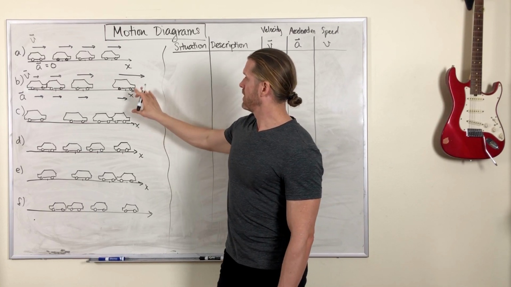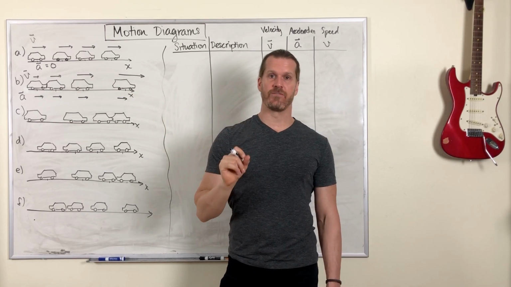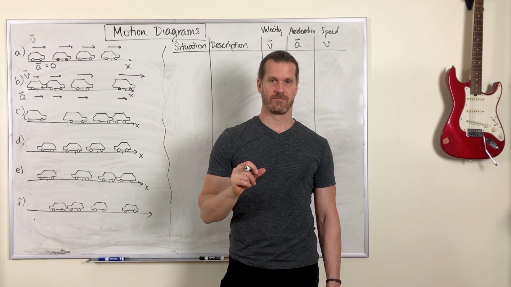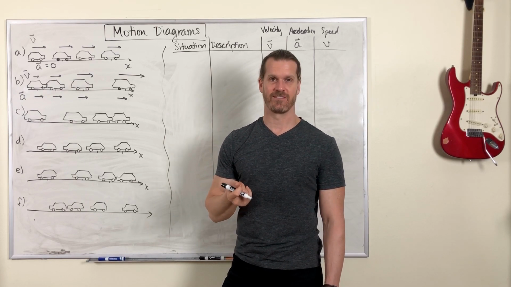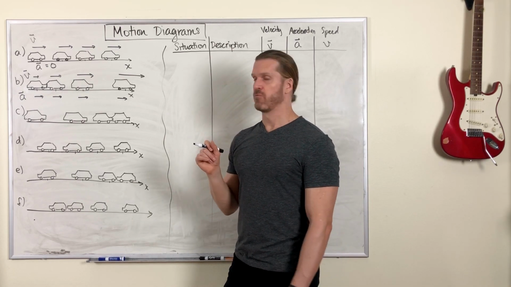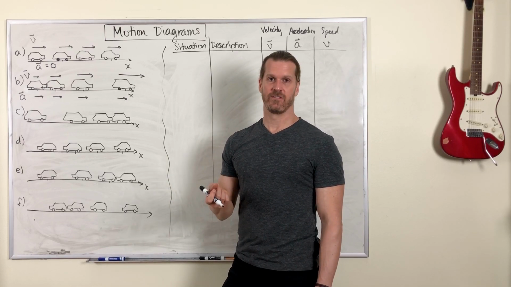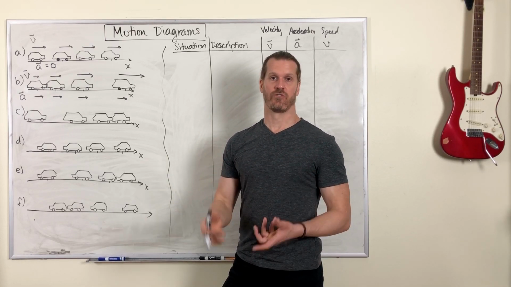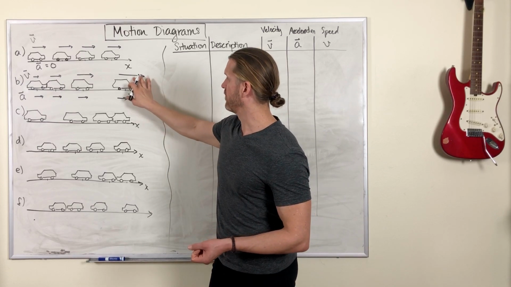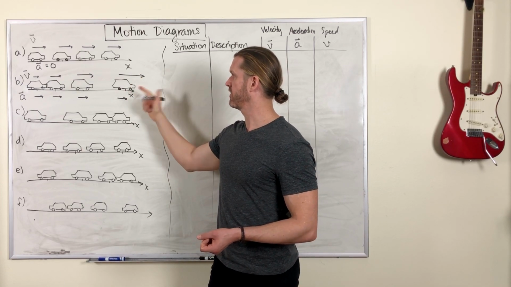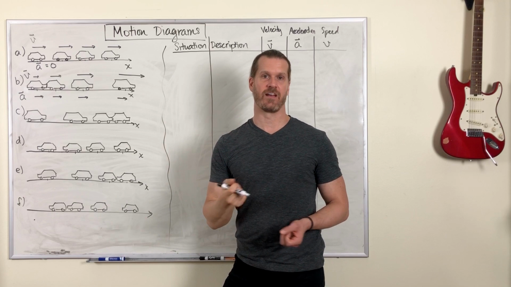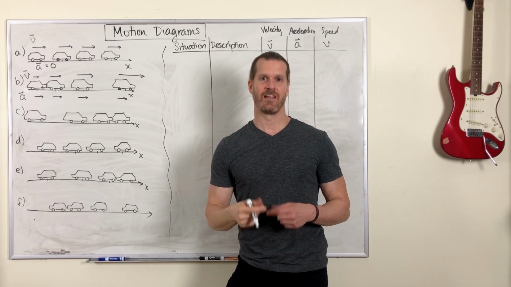So positive acceleration is referring to the direction it points in. Remember, positive and negative in physics correspond to directions. So because velocity is pointing in positive x, acceleration is pointing in positive x, they point the same way and the car speeds up.